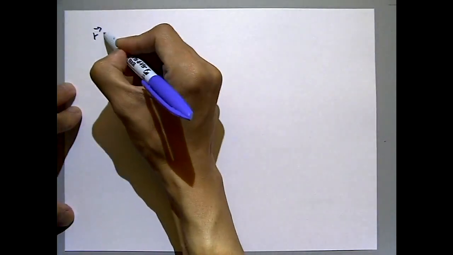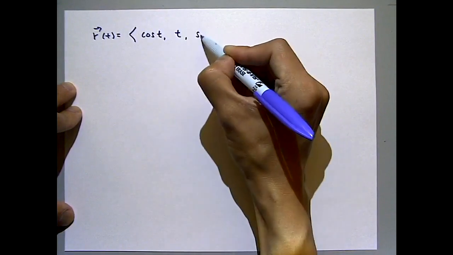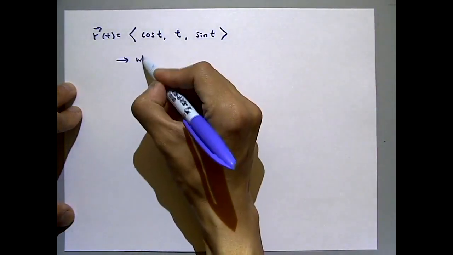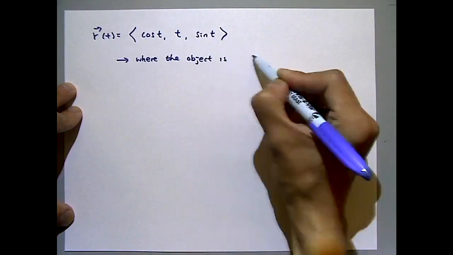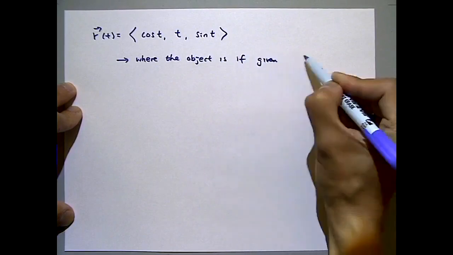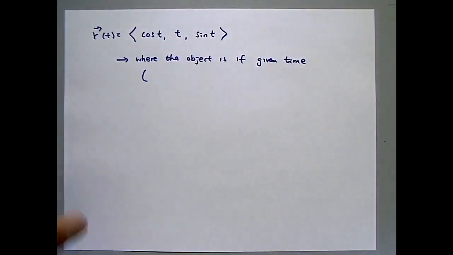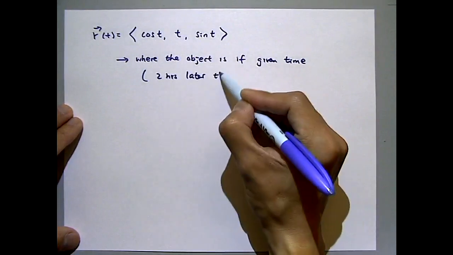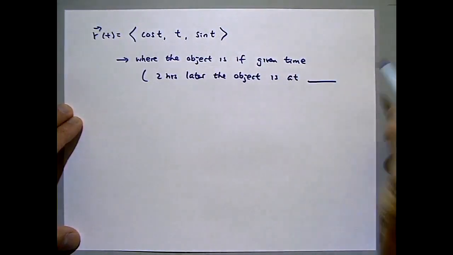To make it more concrete here, let's look at these two. The original one with t in there is telling you where the object is given time. So for example, 2 hours later, the object is at wherever, fill in the blank.